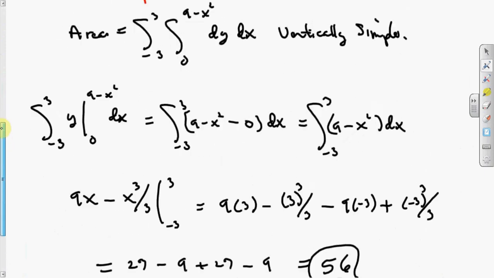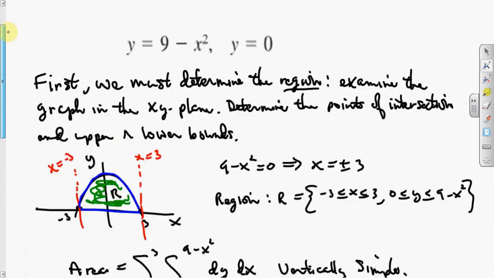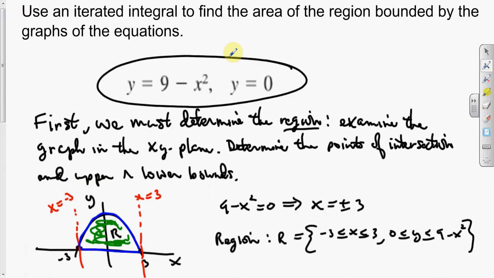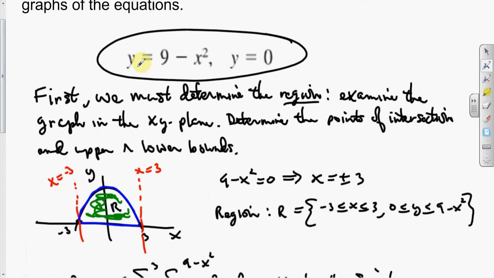Again, if I scroll back up, this is all they give us for the problem. So what I do is, I look at where it says y equal to and y equal to. I look at those graphs in xy. Right? I set both functions equal because it says y equal to 9 minus x squared, y equal to 0. I set them both equal to find the points of intersection. 9 minus x squared is equal to 0.